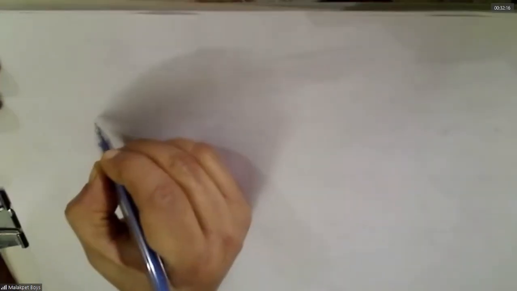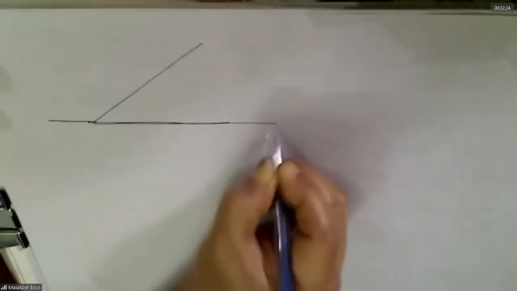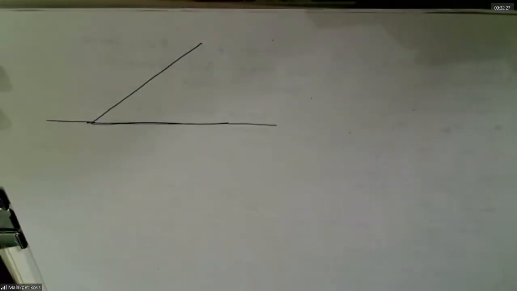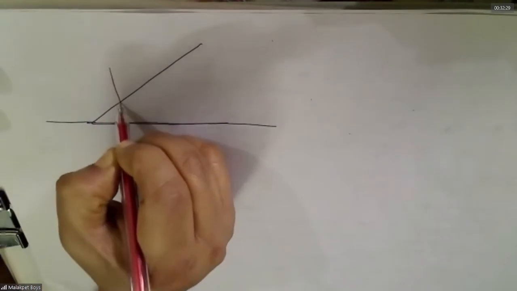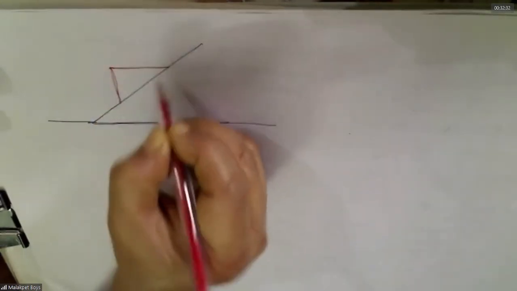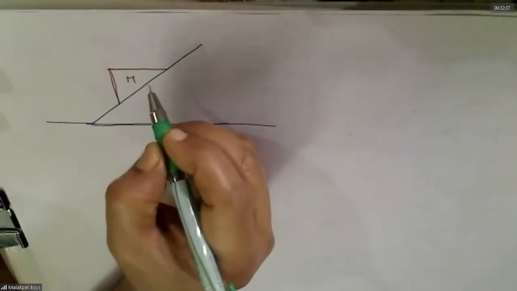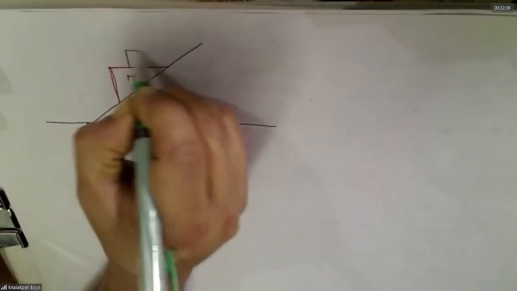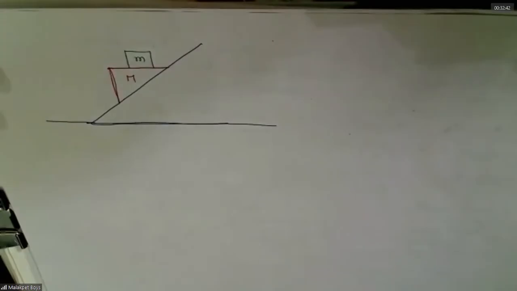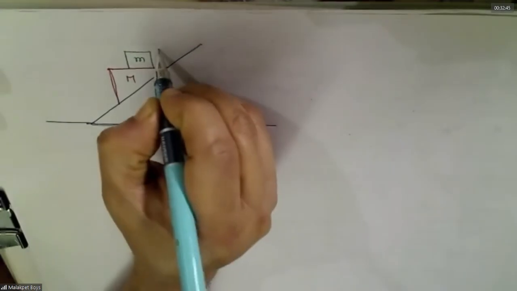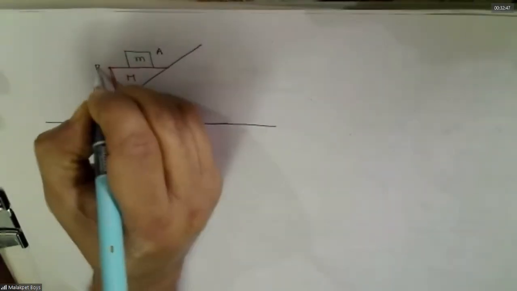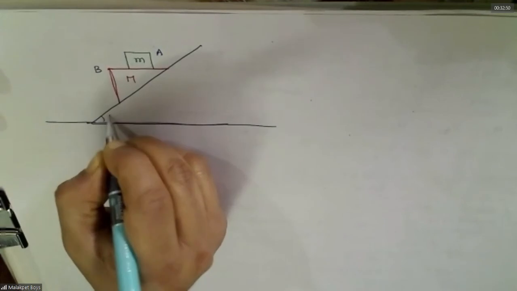Let's go ahead to the next problem. Let us slightly complicate this. Now on this, and on this you have, we call this A, this is B, this is theta.